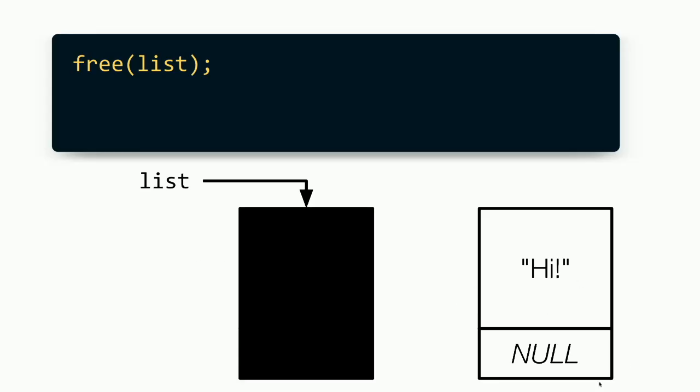Right, so this other node hasn't been freed, and it's also not accessible anymore, since this node that we just freed had the pointer that was pointing to this node. And so basically what we've done here is just orphaned that node.